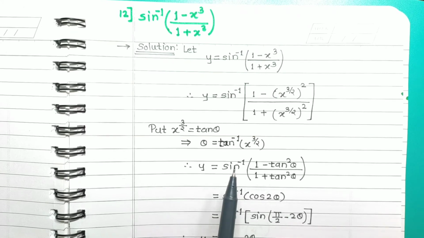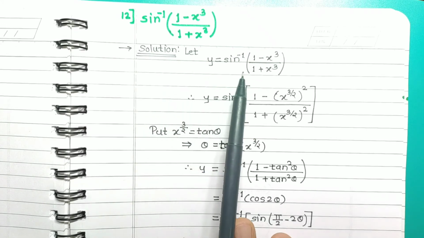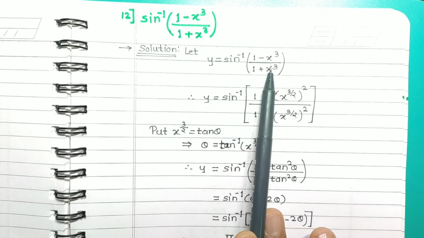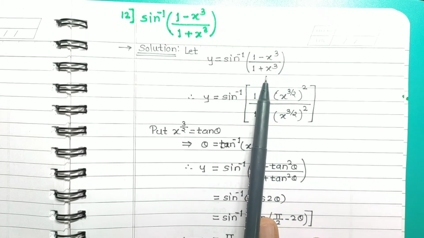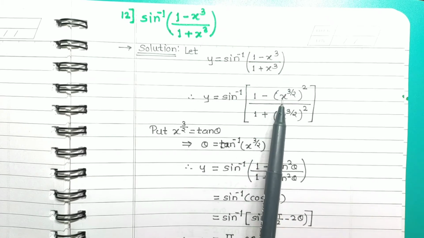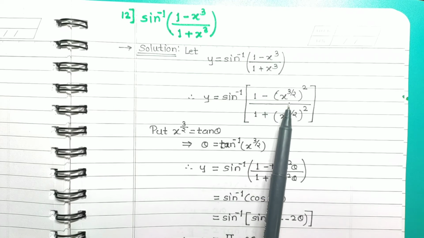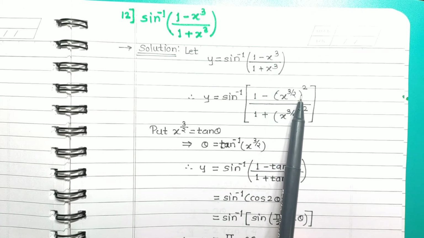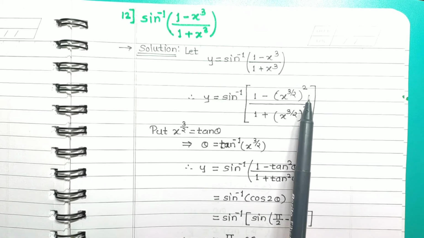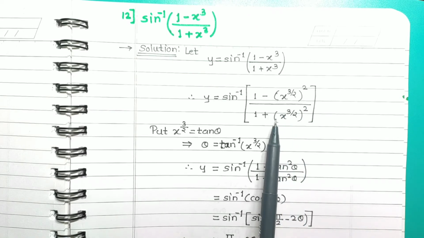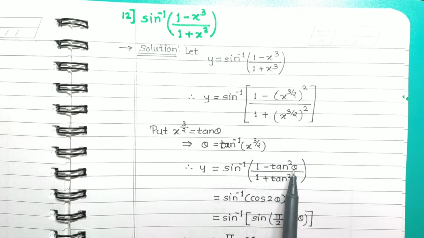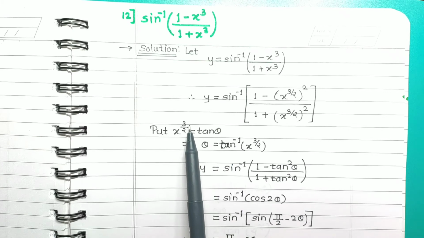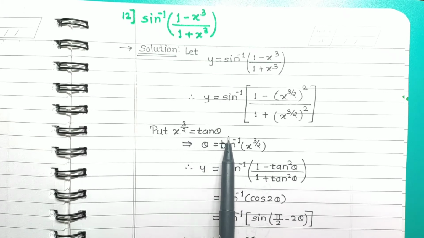Again, this next one is quite tricky. See, function is sine inverse of (1 minus x cube) upon (1 plus x cube). You note this trick here. Here, you write this x cube as (x raised to 3 by 2) whole square, so that these terms will be like 1 minus tan square theta upon 1 plus tan square theta, and for this you have to put x raised to 3 by 2 is equal to tan theta.